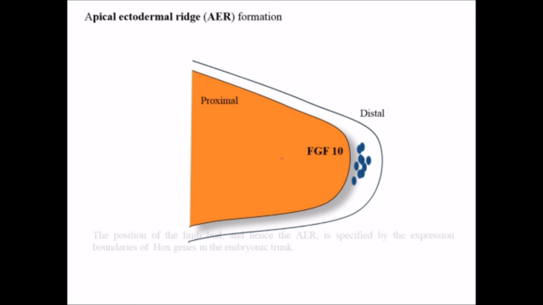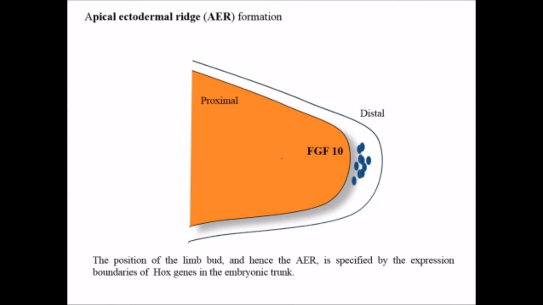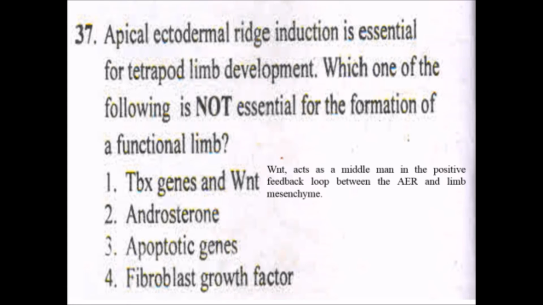As this process is very specific, the position of the limb buds and hence the AER is specified by the expression boundaries of Hox genes in the embryonic trunk. Now, move to the question. The options are TBX genes. I have told the function of TBX genes, and the WNT genes.